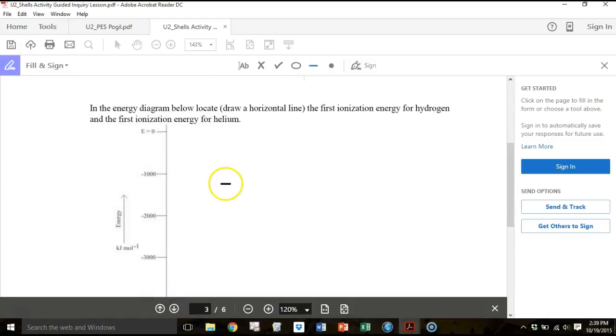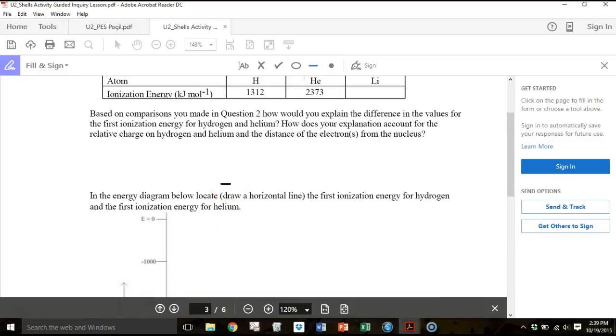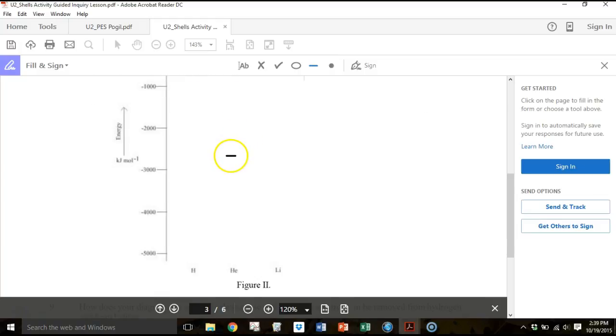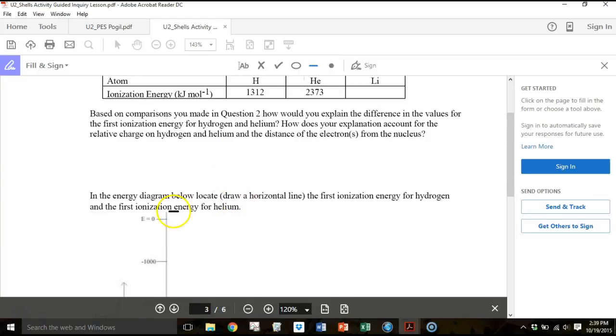And then we are looking at this energy diagram below, first ionization energy for hydrogen and helium, so put those on here. So again, the first ionization energy, this positive value, is the amount of energy that we needed to pop the electron out of the atom and get to 0 energy in reference to the nucleus.